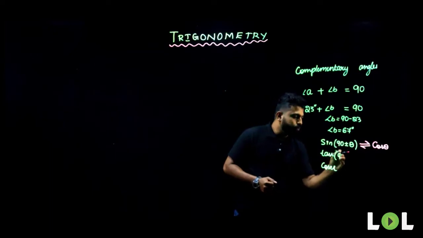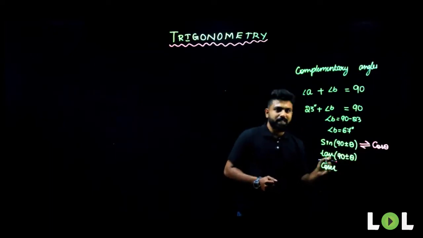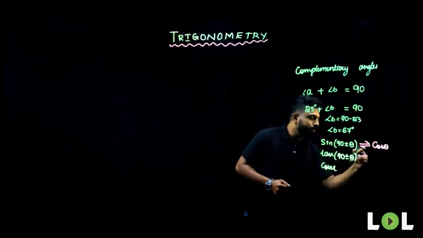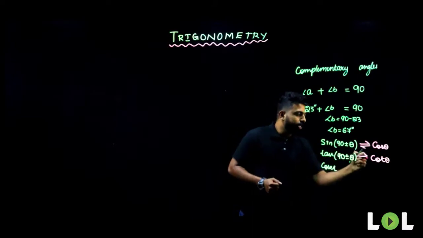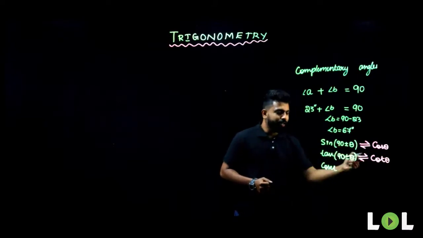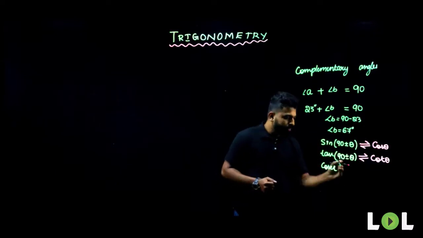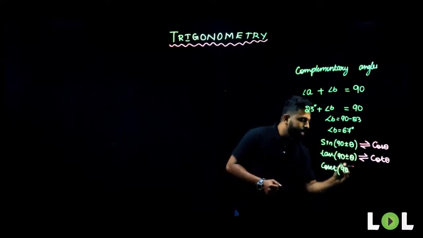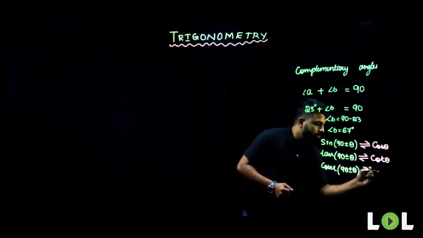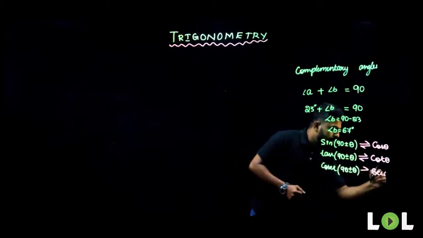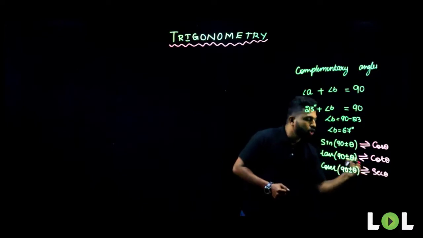Similarly for tan, if you get tan of 90 plus or minus theta, you can directly write it as cot theta. Similarly, cot of 90 plus or minus theta you can write as tan theta. For cosecant theta, it is secant theta, and for secant theta, it's cosecant theta.